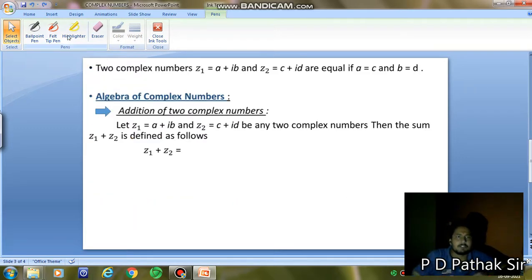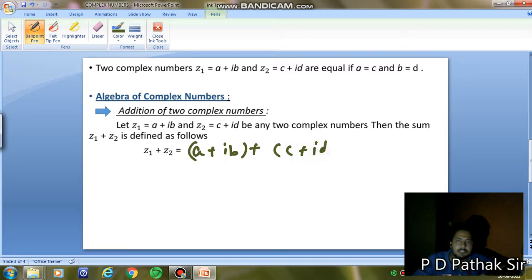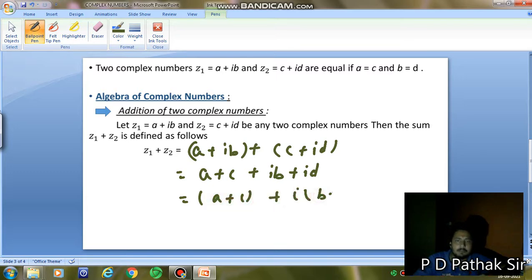Addition of two complex numbers. Let z1 equals a plus iota b and z2 equals c plus iota d. Then if you add z1 plus z2, it means a plus iota b plus c plus iota d, which gives a plus c plus iota b plus iota d, or you can write a plus c plus iota times b plus d.